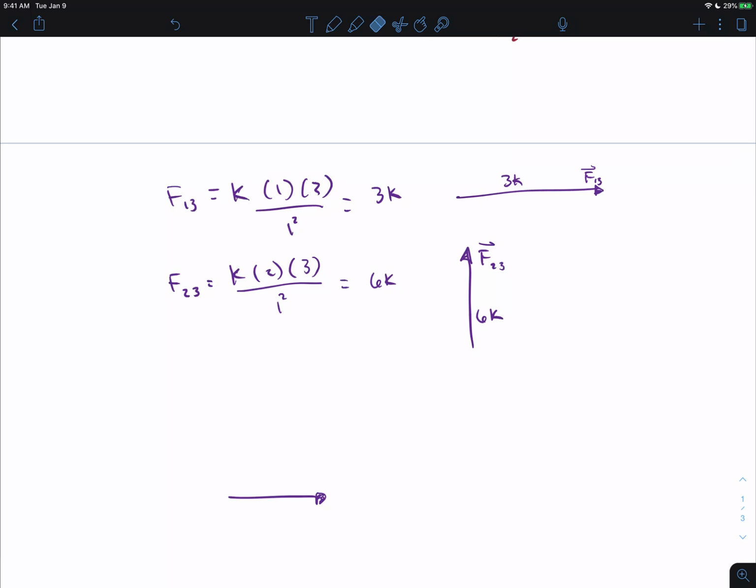So this one would be F13, and this one F23. This is 3K, this is 6K.